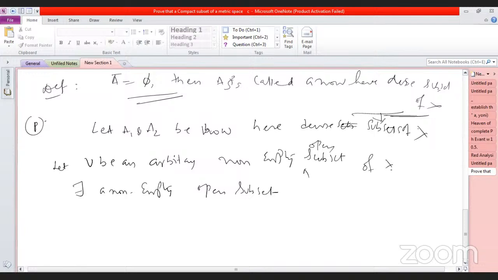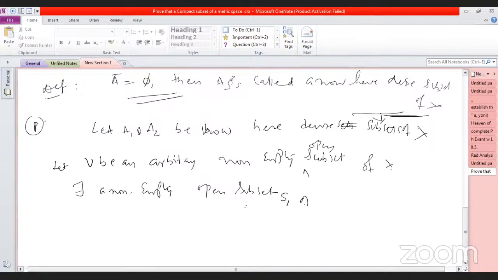Non-empty open subset means non-empty means its elements are there. Elements of the open subset are there.